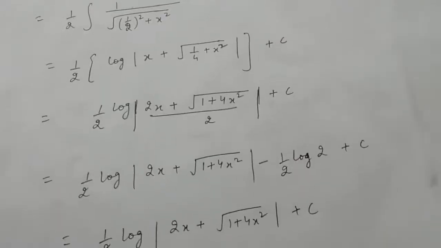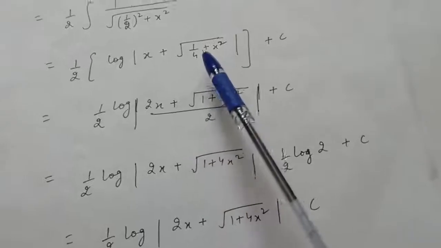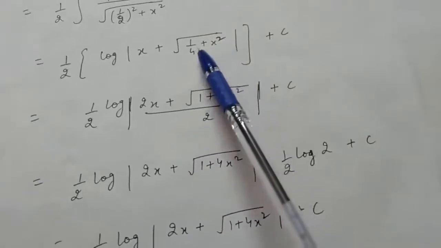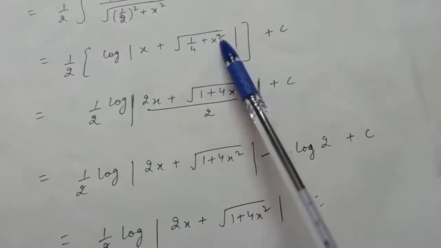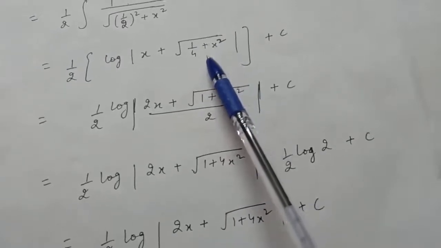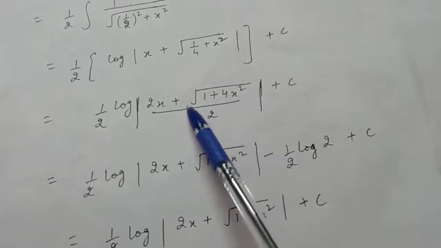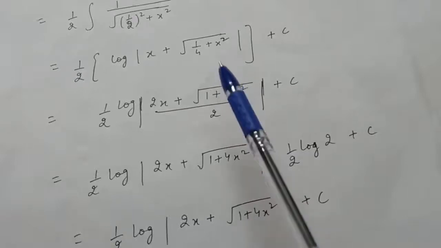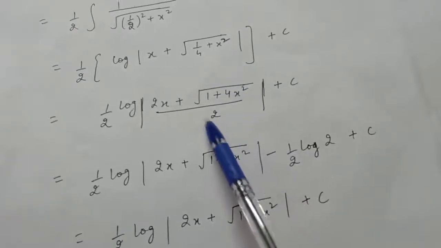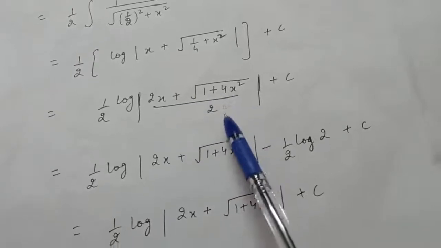Now further solve this. So this will be equal to 1 by 2 log, take LCM, you will get 4 as LCM. So it will be 1 plus 4x square upon 4, right? So 1 plus 4x square in the root as it is, and root 4 will be in the denominator, root 4 will be 2. So taking LCM as 2, you will get 2x plus root 1 plus 4x square upon 2.